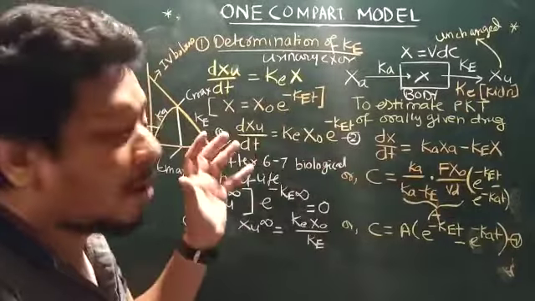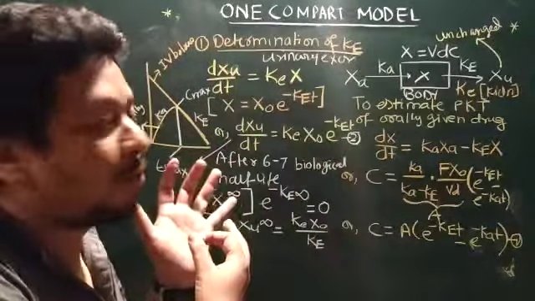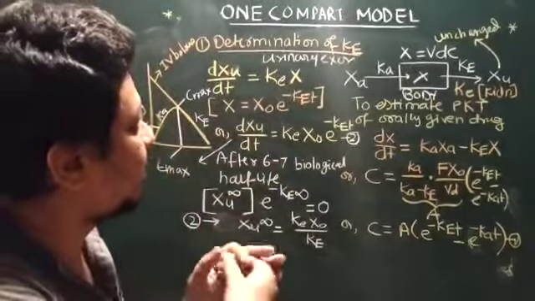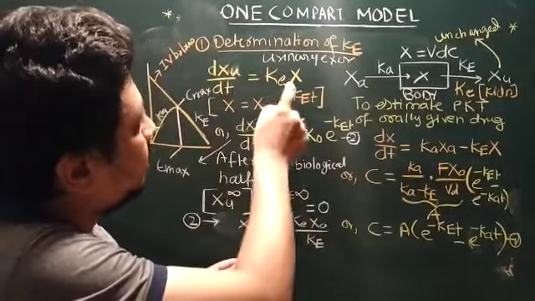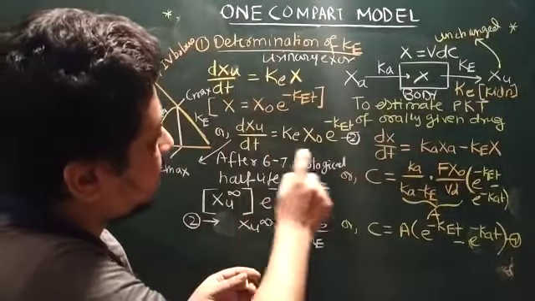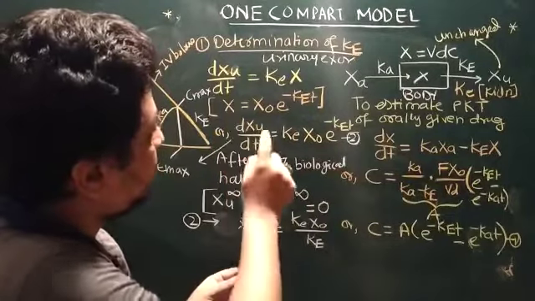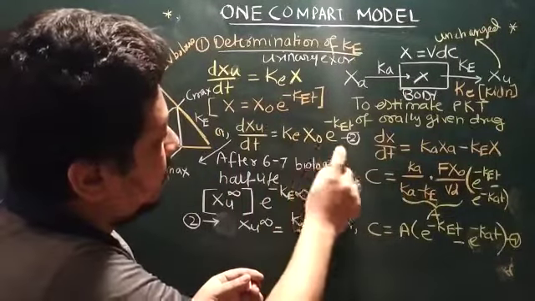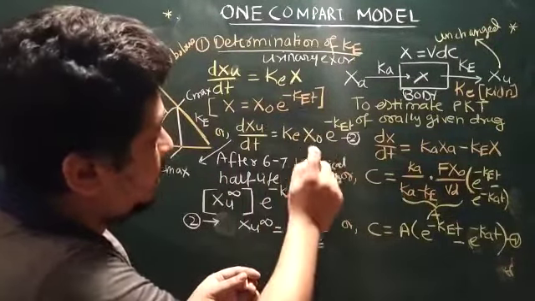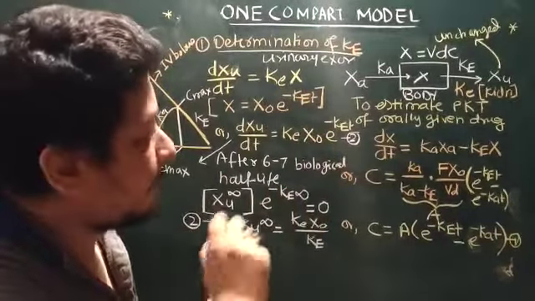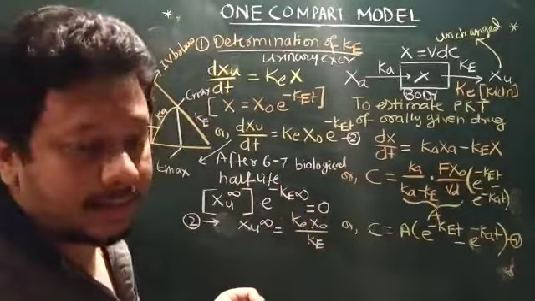This is the combination where we are using the IV bolus equation in urinary excretion data. Putting the value of X, we get this equation: dXU/dt is Ke, instead of X we are putting X naught into e raised to minus Ket.